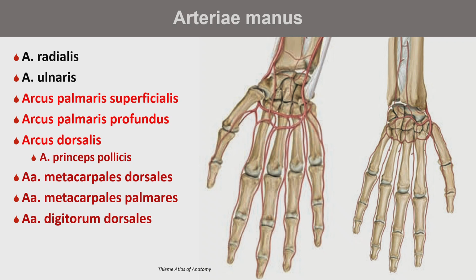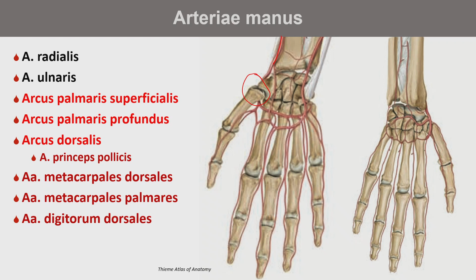The radial artery has a little bit more complicated course because it goes from the volar part of the wrist and along the dorsal part of the root of the thumb, the first carpometacarpal joint.